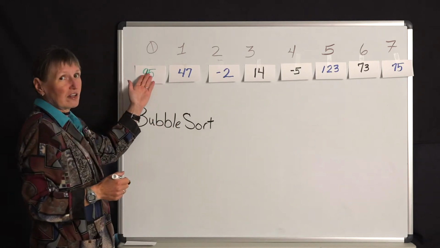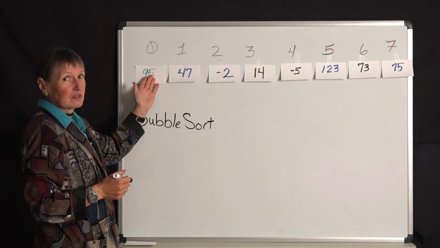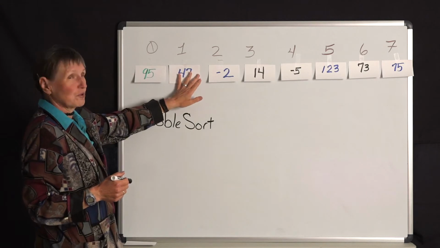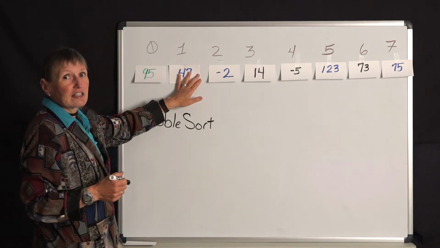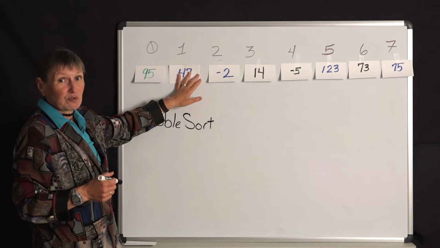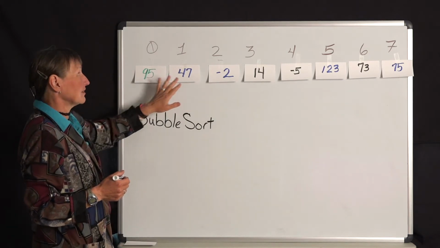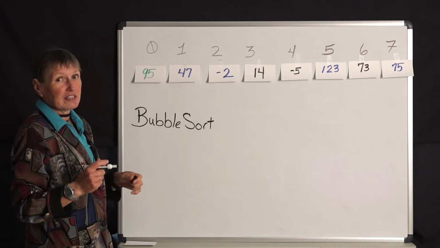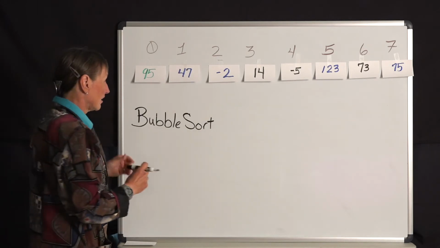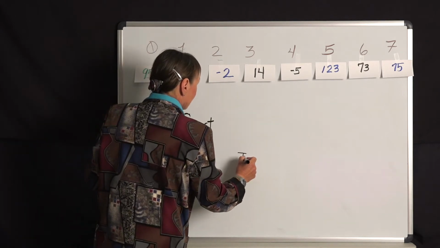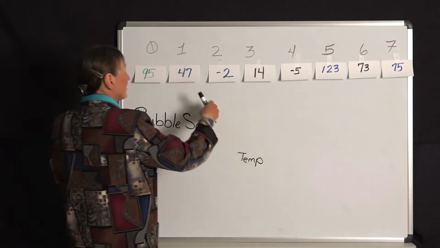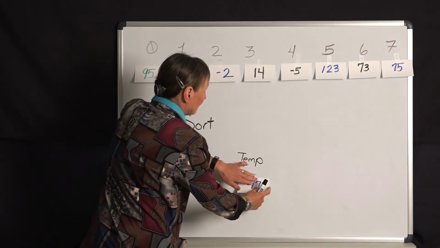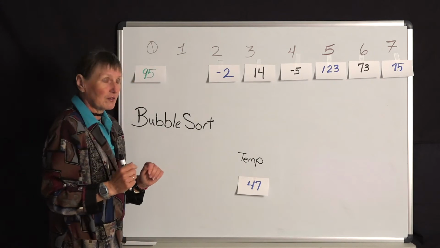So I start off at element 0, and I look at 95 and 47. It's quite obvious that if we are putting this in ascending order, 95 is greater than 47. So we take a copy of 47, and we have a temp location down here where we put 47.